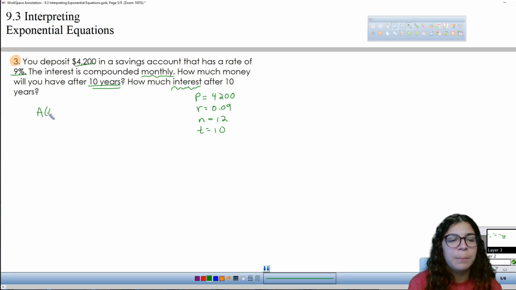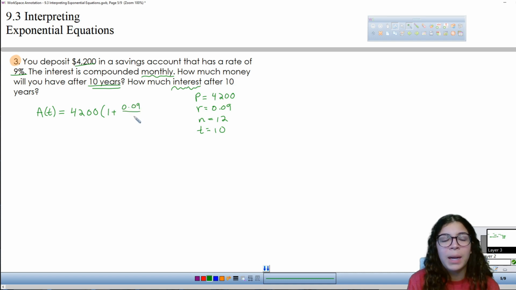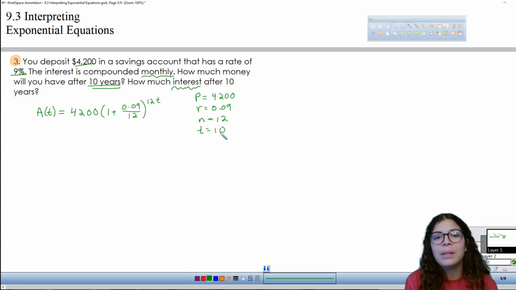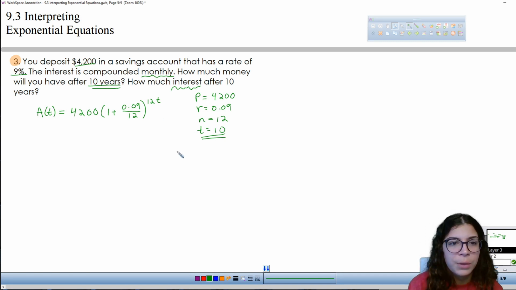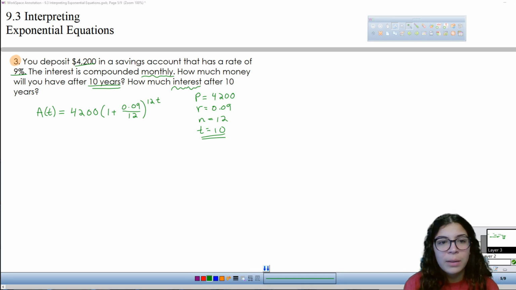So A of t, the amount that you have depending on t years, will be 4,200 times 1 plus 0.09 divided by n, which is 12, to the power of n, which is 12, times t. I'm going to leave t blank for now just so we could write the equation for this situation first. So again, simplify what's on the inside.